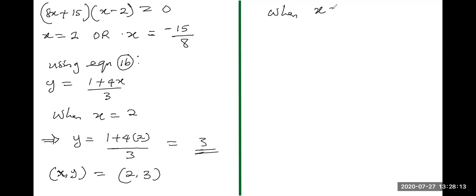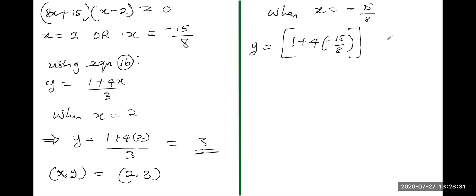When x equals minus 15 over 8, what is our y? y equals 1 plus 4 into minus 15 over 8, then everything divided by 3. I'm avoiding multiple fractions.